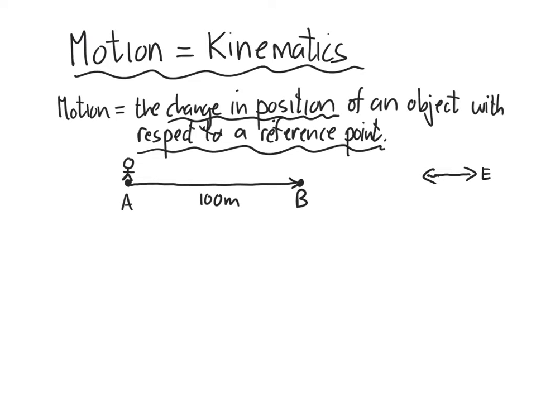So we are going to just put a little compass here, north, east, south, west. So they've walked 100 meters in an easterly direction. Then at that point, they decide to walk 50 meters in a southerly direction to point C.